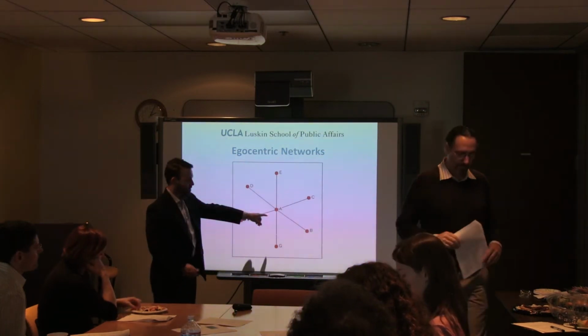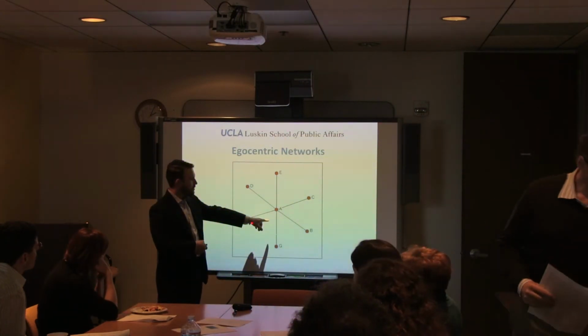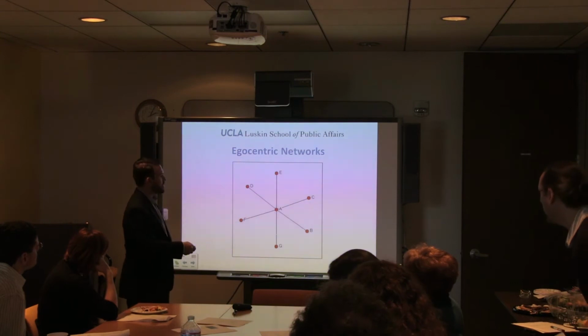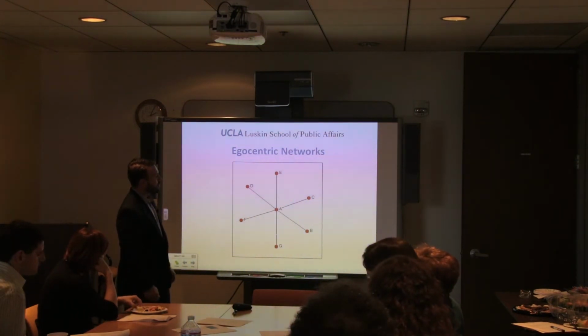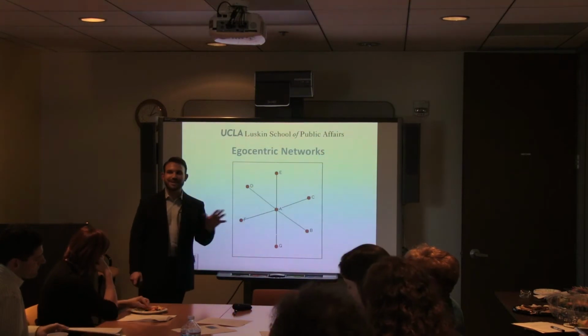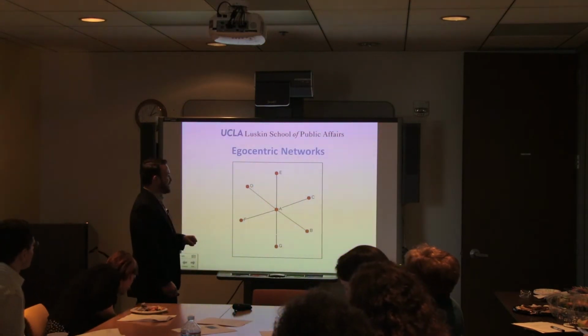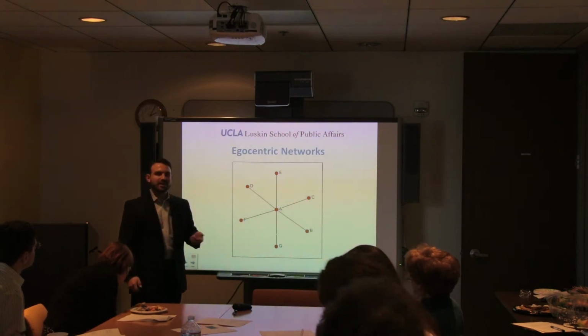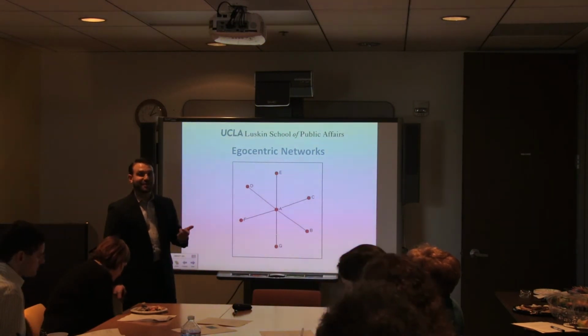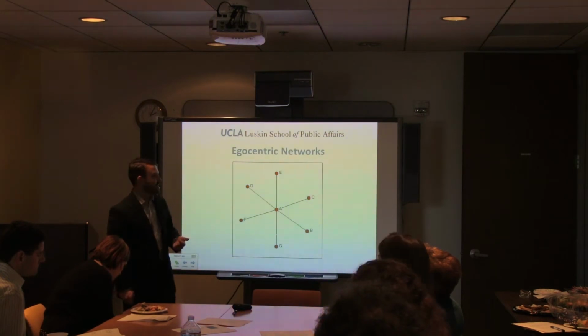You have the ego, the participant in the middle, and then the spokes extending out connect to his or her alters. And what's important in these network diagrams, you'll see a bunch of them today, is that the circles, or the nodes, typically represent those actors I was talking about, the people or the organizations.